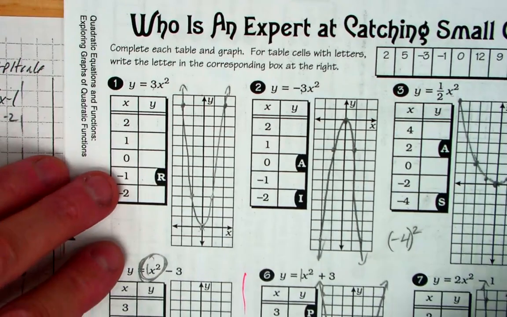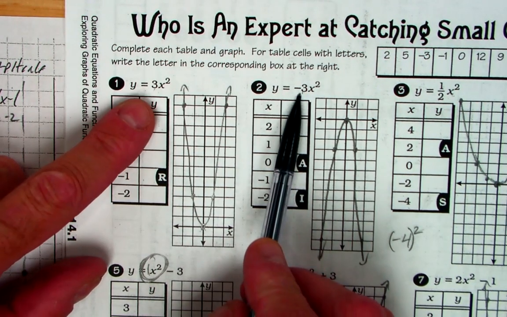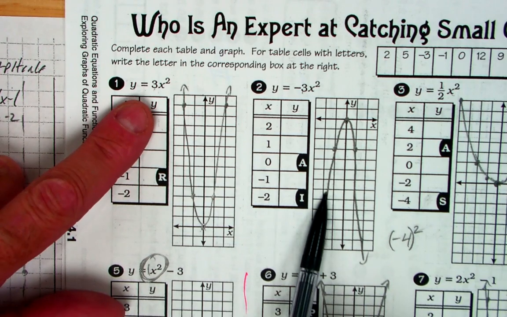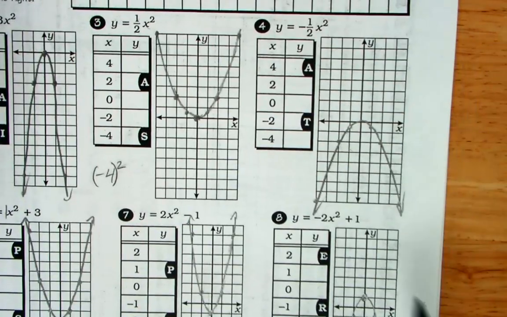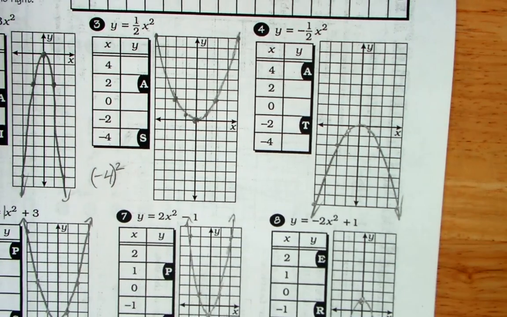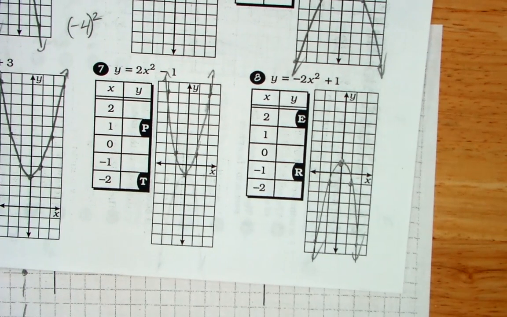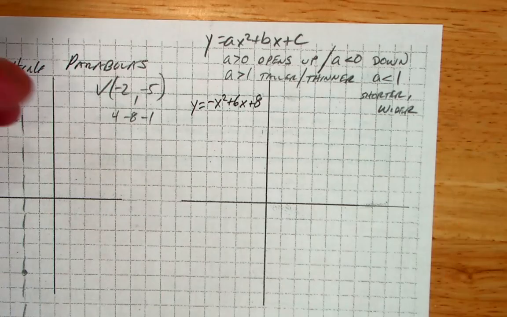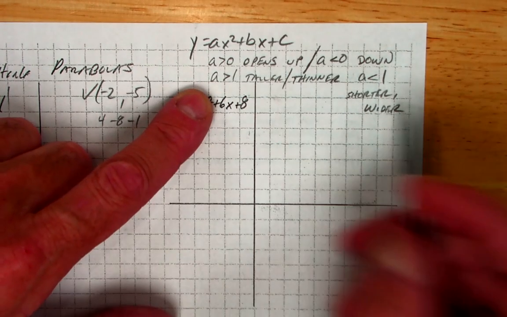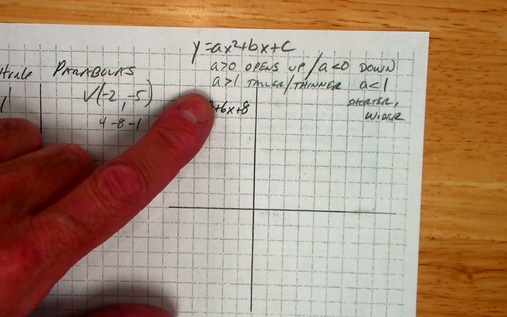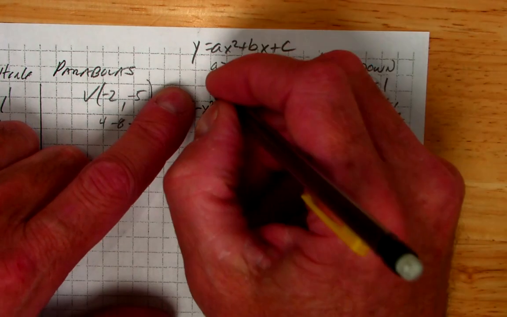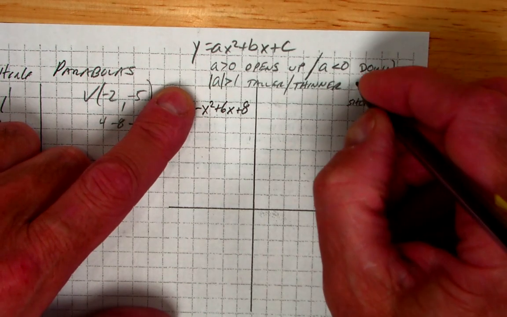It doesn't matter if it's negative or positive, it's still thin. It doesn't matter if it's negative or positive, it's still wide. So what can I put around this a to say that I don't care whether it's positive or negative? Absolute value, technically.